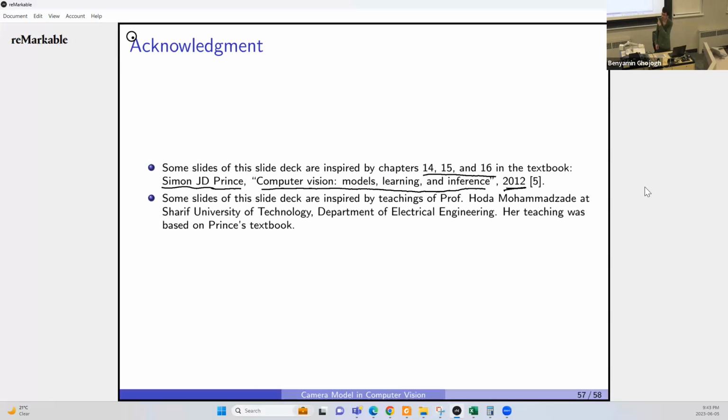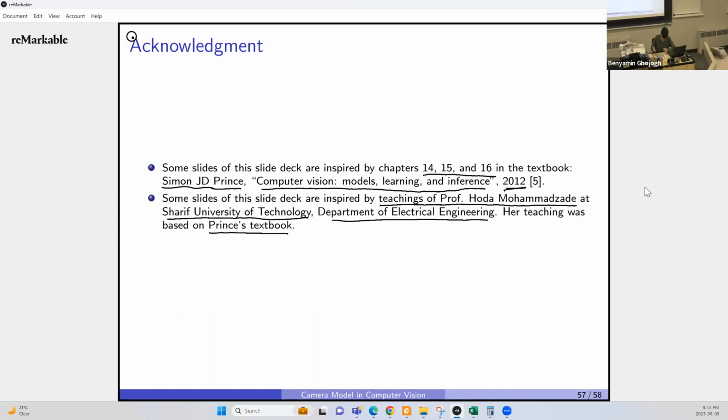Prince is also, as far as I know, writing a book on deep learning, Understanding Deep Learning, going to be published by MIT Press. I think this is the same Prince. And by the way, we covered almost chapters 14, 15, and 16 of this book today. Some slides of this slide deck are inspired by teachings of Professor Hoda Mohammadzade at Sharif University of Technology, Department of Electrical Engineering. Her teachings were based on Prince's textbook.